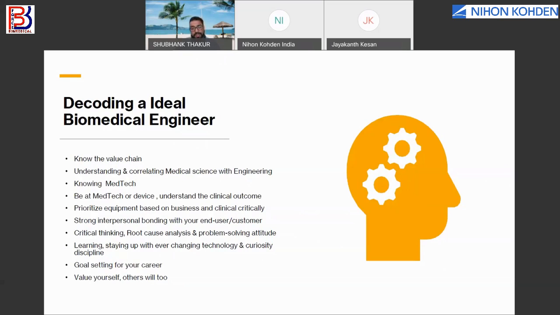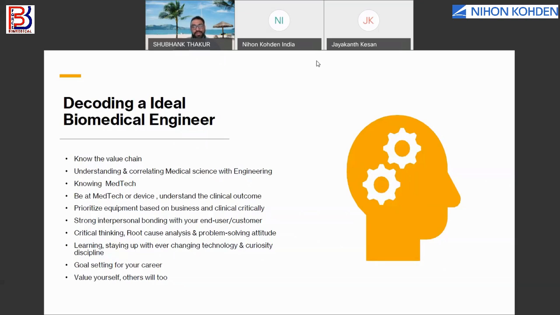A very important aspect of biomedical engineering is that when you serve someone, you should always know what the expectation is. As a biomedical engineer supporting the clinical team, the doctors, the technicians, the nursing teams, the clinical outcome is the most important.